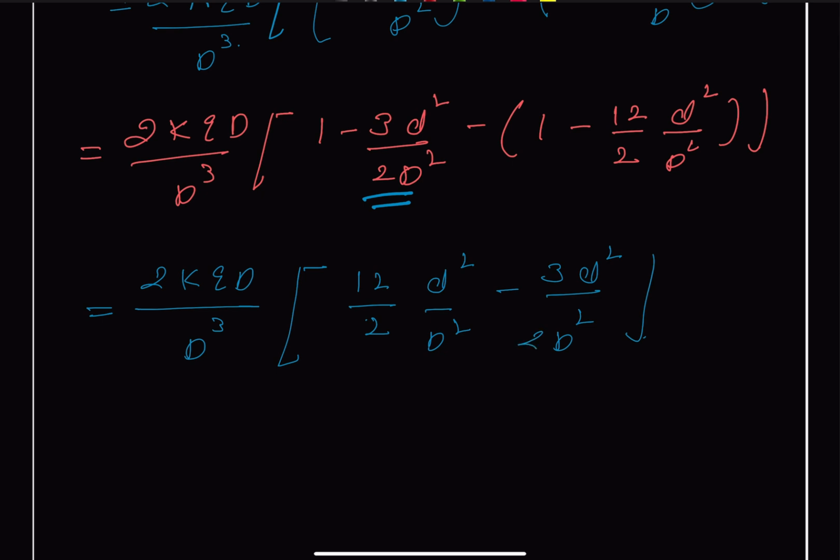So from here we get this will be coming as 9, 9 goes by 2, so this is left with 2kqD upon D cube multiplied by d square upon capital D square, and this d square goes with d square, D cube and D cube, so we can say that electric field at point P is proportional to 1 upon D to the power 4.